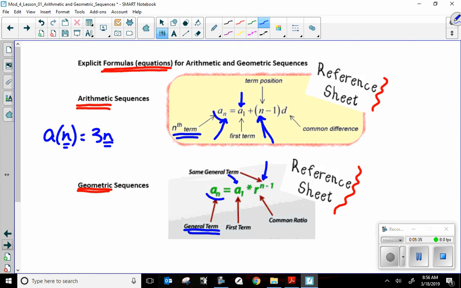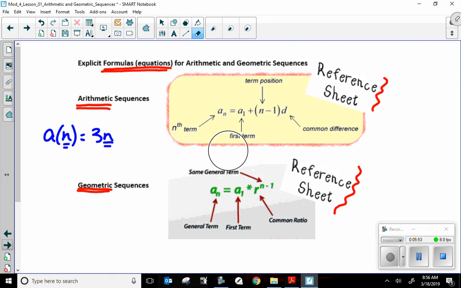We will never put a number in for it when we're coming up with the equation. Our equation needs a variable, and our variable happens to be n. Notice it's always n minus 1. Notice this exponent is always n minus 1. Let me erase a lot of these arrows. And last but not least, I should be using highlighters. I'm so insensitive. Oh, okay. First term. First term. Okay.